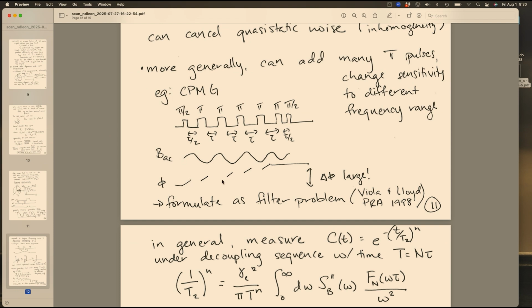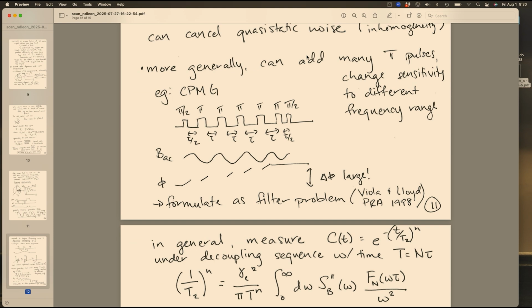And if you imagine, for example, that I have an AC magnetic field, this is a terrible diagram because it's not actually synced up, but is synced up with these pulses, such that every time you do a pi pulse and the NV center is accumulating the opposite phase, you also flip the AC magnetic field, then it's just going to keep on accumulating phase from that part of the signal.